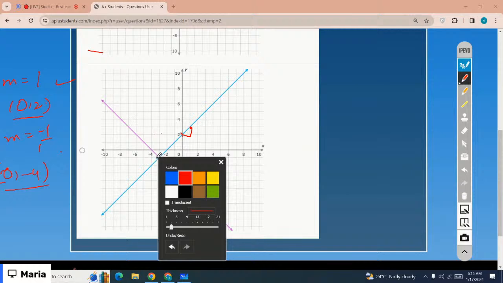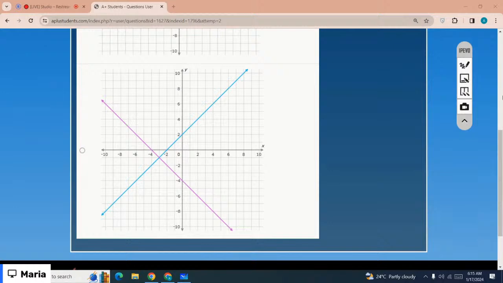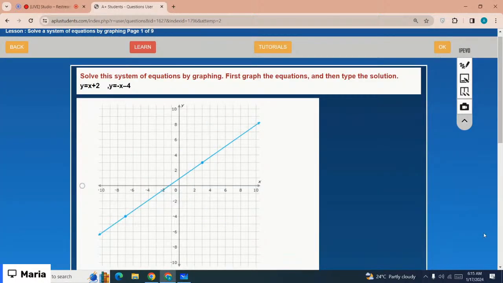Now here is the point of intersection for both the equations. That is the solution. That is x is negative 3 and y is negative 1. So the solution of the system of equations is negative 3 and negative 1, right? So the correct option is the second one. Got it?